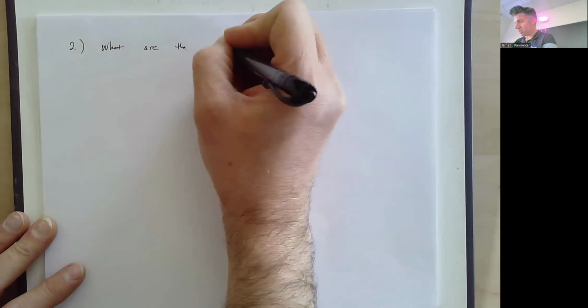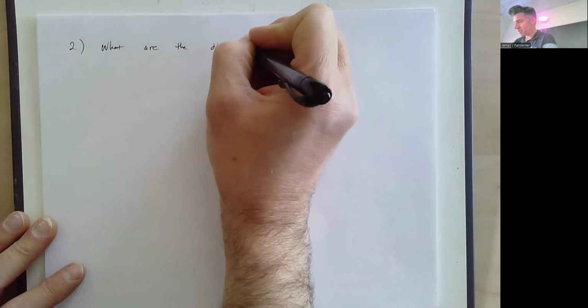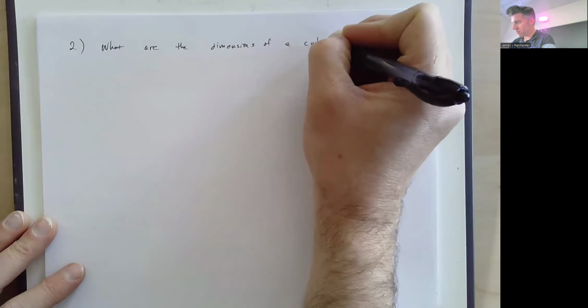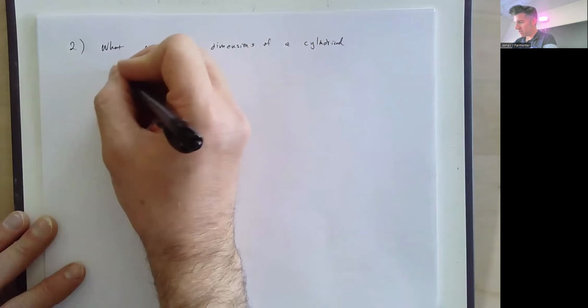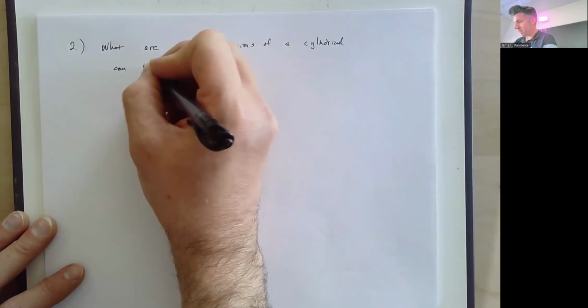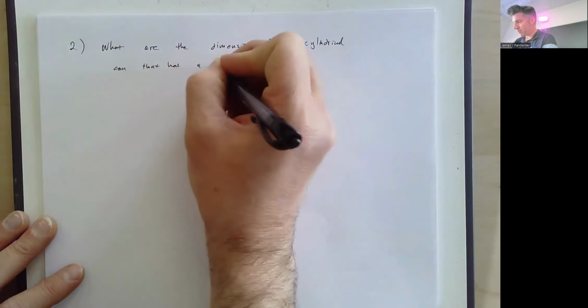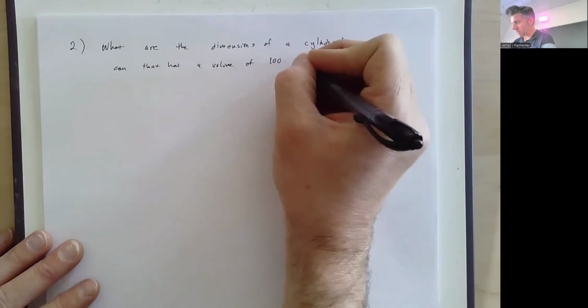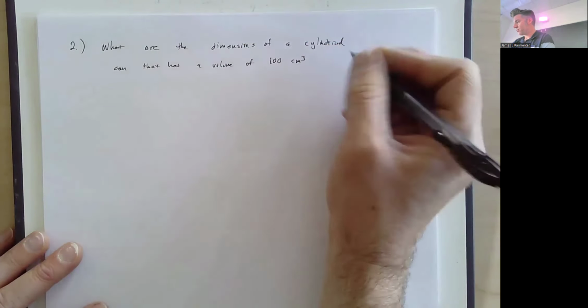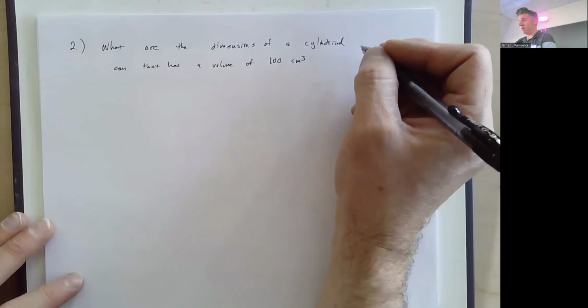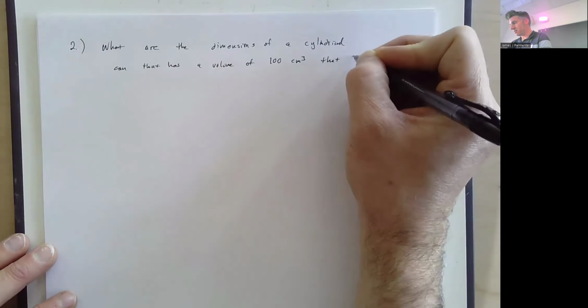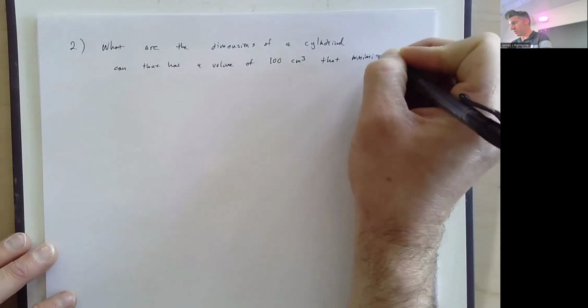What are the dimensions of a cylindrical can that has a volume of, let's say, 100 cubic centimeters? I phrased this terribly. What are the dimensions of a cylindrical can that has a volume of 100 cubic centimeters that minimize the amount of materials used in its construction?